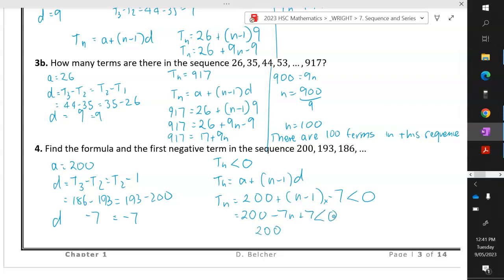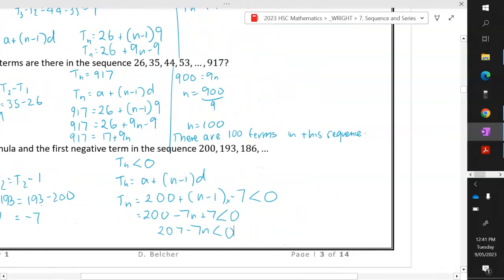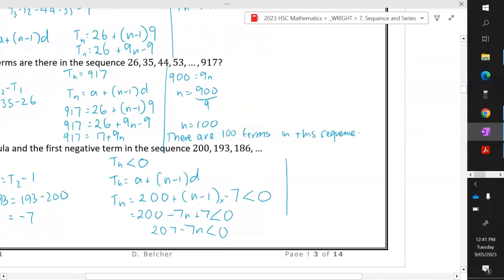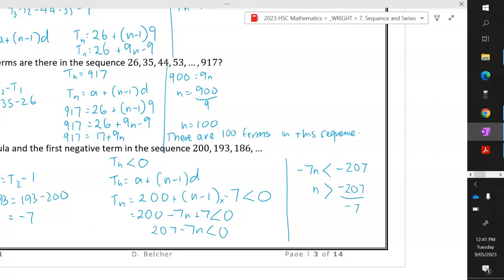So 207 minus 7n is less than 0. So let's solve that. I'm going to take 207 from both sides. So I get 7n is going to be less than minus 207. I'm going to have to divide by the minus 7, which is going to flip my sign over the other direction.